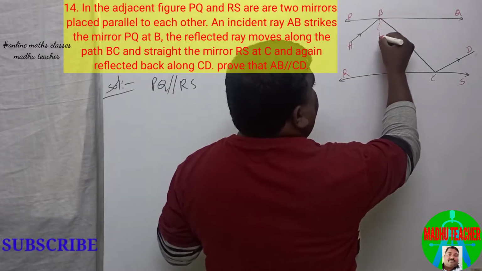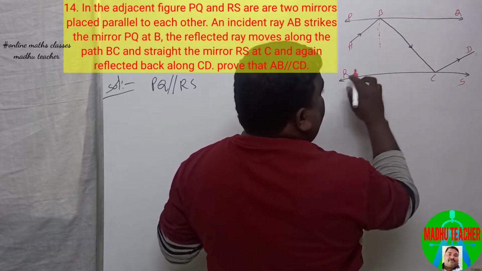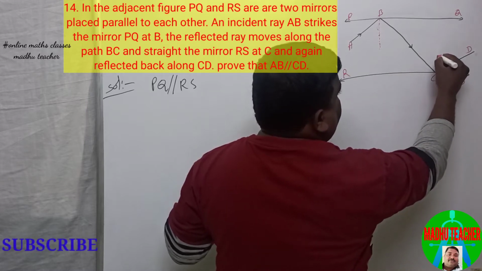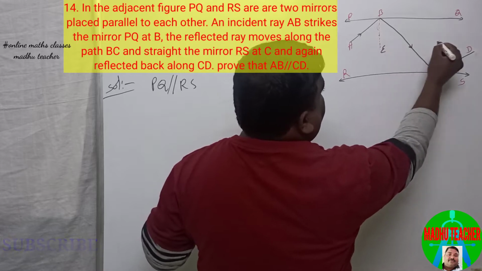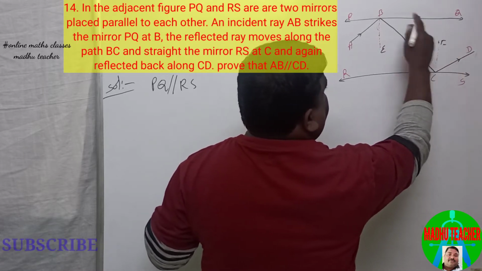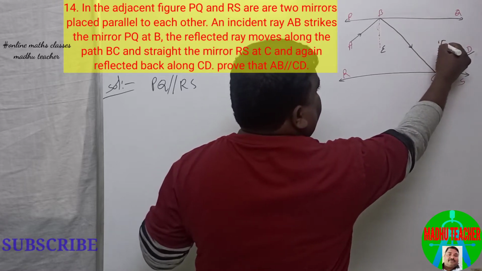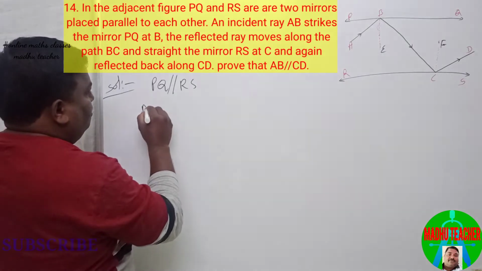Draw a perpendicular line to PQ, and draw another line which is perpendicular to RS. Let us call them E and F. BE is perpendicular to PQ and CF is perpendicular to RS.